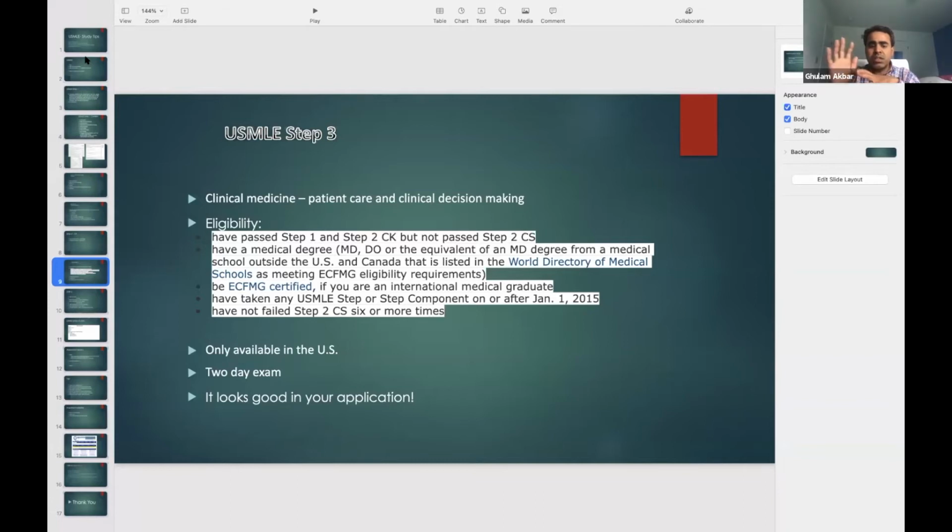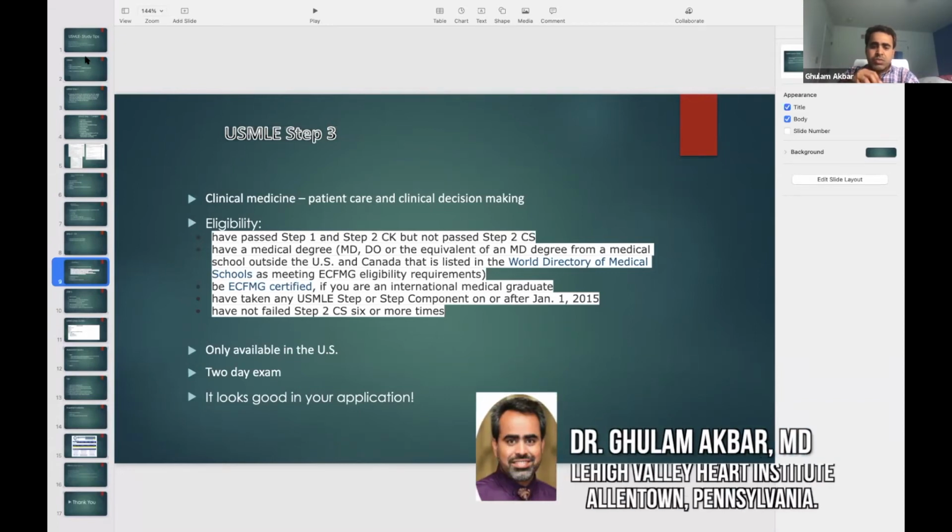Now, because the CS portion is suspended, for eligibility you should have passed Step 1, Step 2 CK, but not necessarily passed Step 2 CS, have a medical degree from a medical school outside the USA or Canada that is listed in the WHO medical school category, be ECFMG certified, and of course if you're an IMG, and have taken any USMLE step component on or after January 1, 2015.